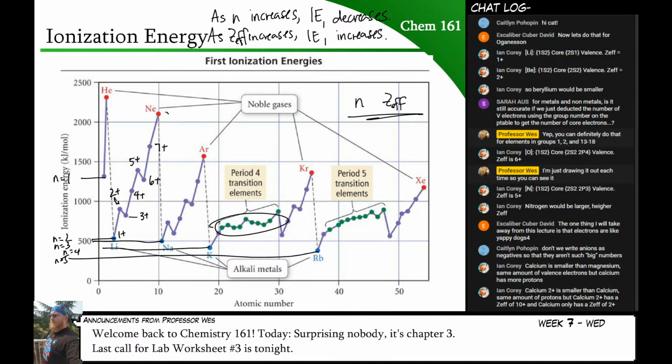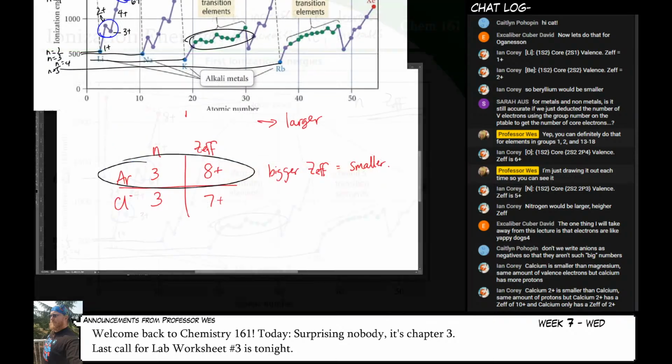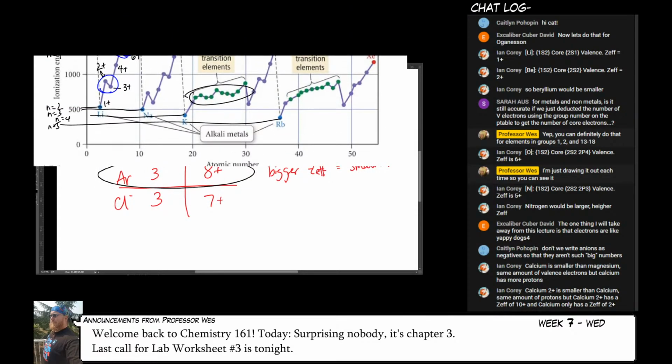And it increases as we go across the trend, although there are some weird things going on here. So, for instance, what the heck's going on here and here? Well, we can explain those using quantum mechanics, believe it or not. That's kind of the point, right?